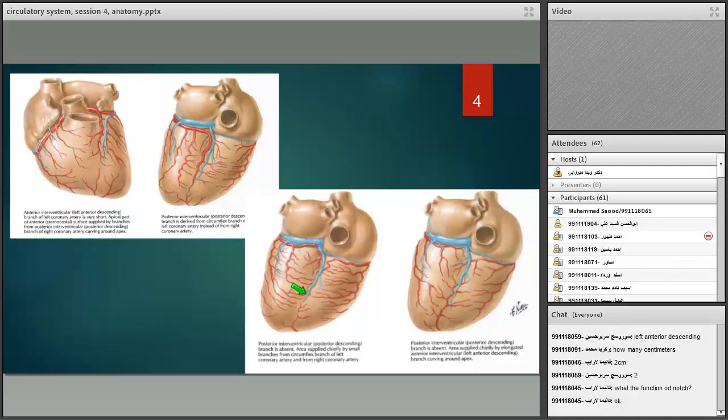Look at here in this one. The posterior interventricular branch is absent. The area is supplied chiefly by small branches from the circumflex branch of the left coronary and from the right coronary artery, the right marginal.